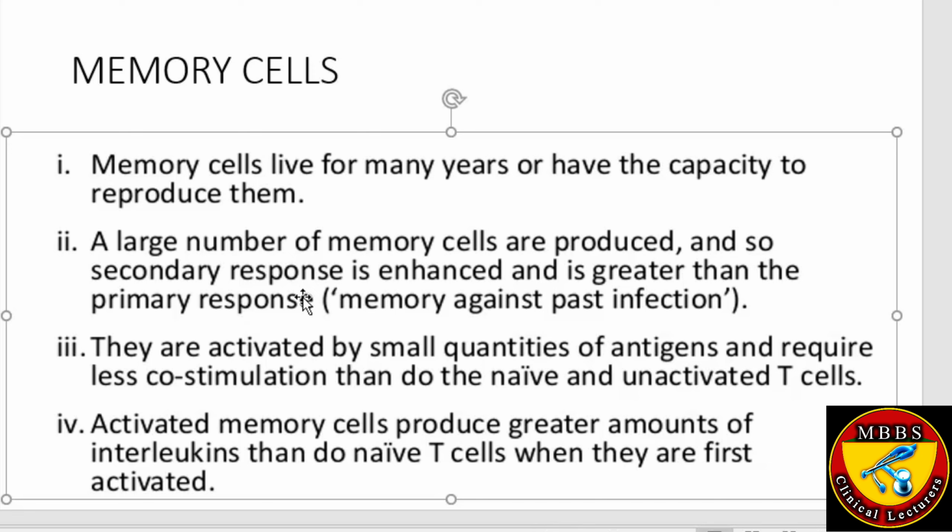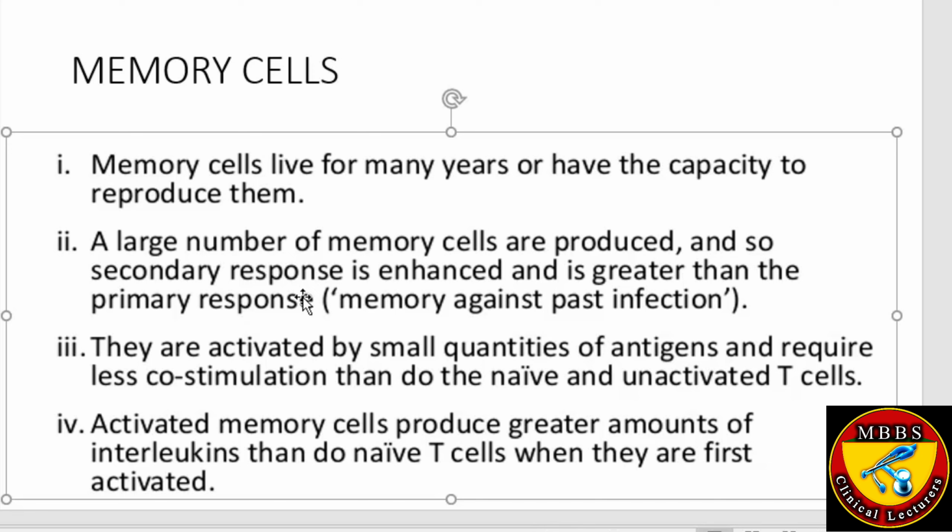This memory response to a specific antigen is due to several features. Many memory cells are produced so that the secondary response is greater than the primary response. Memory cells live for many years or have the capacity to reproduce themselves.